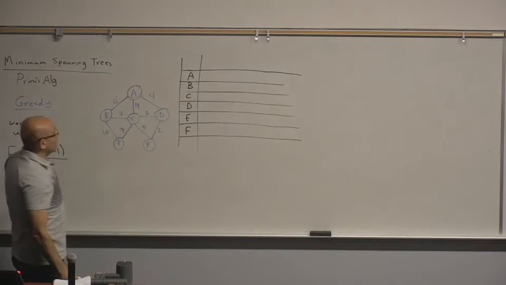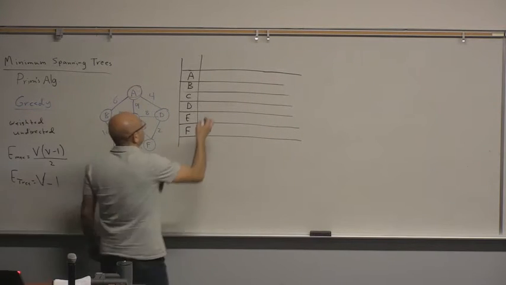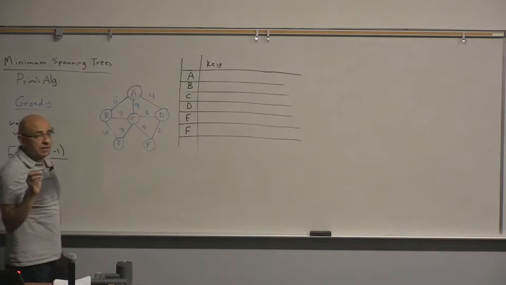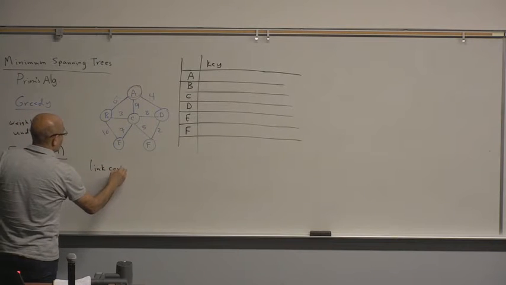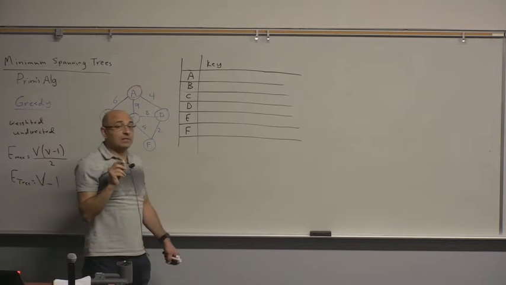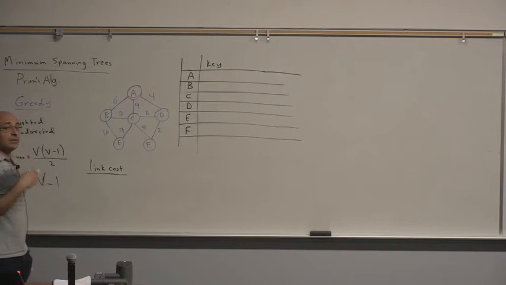And for each vertex, we will have the current key, which is the cost of the link. Remember, it's a link cost, not a path cost. So it's the cost of a single edge or link that connects each vertex to the rest of the network.